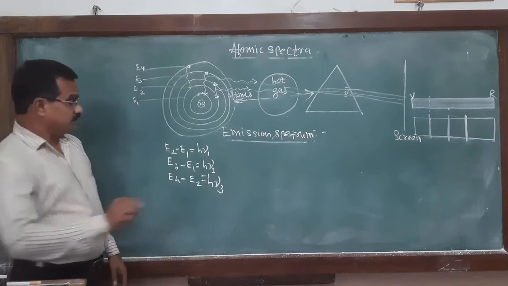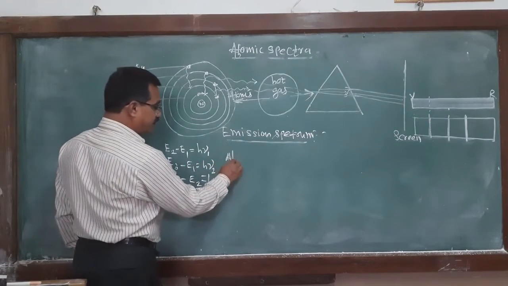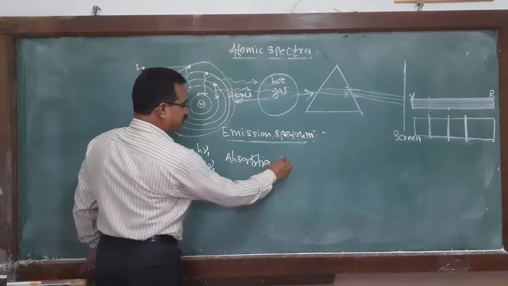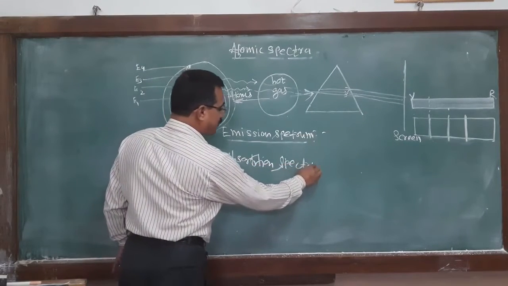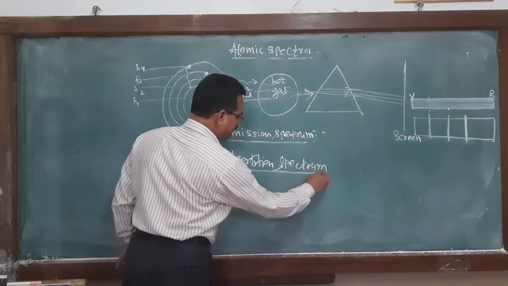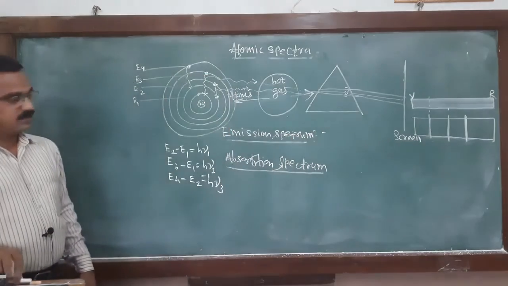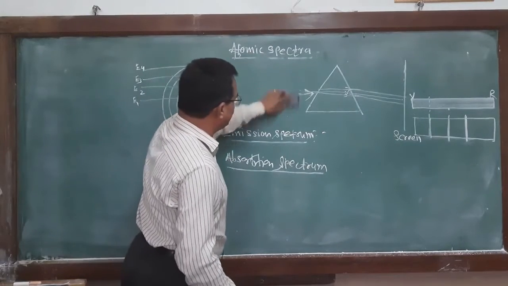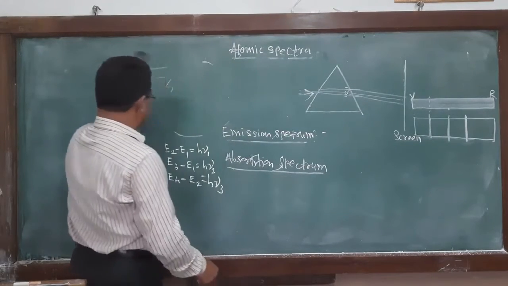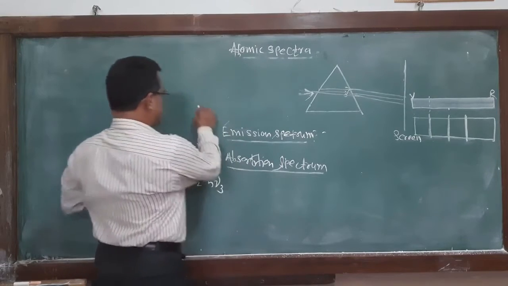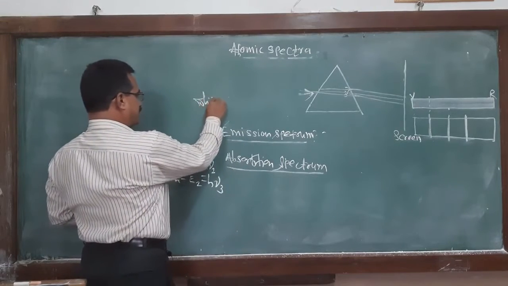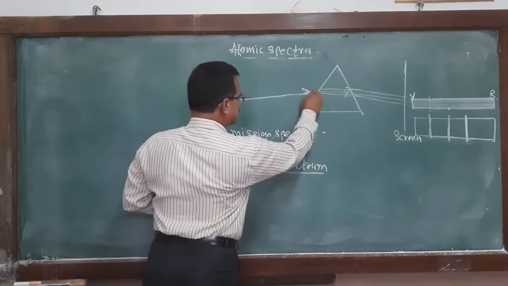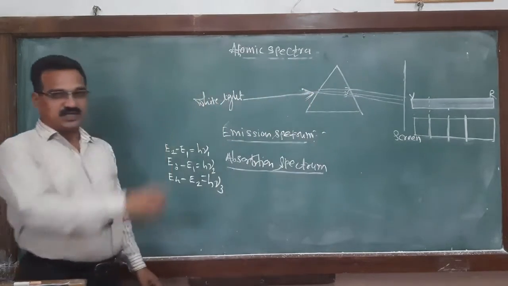The second point: what is meant by the absorption spectrum? For the absorption spectrum, suppose white light is incident on a prism, we get a continuous spectrum.